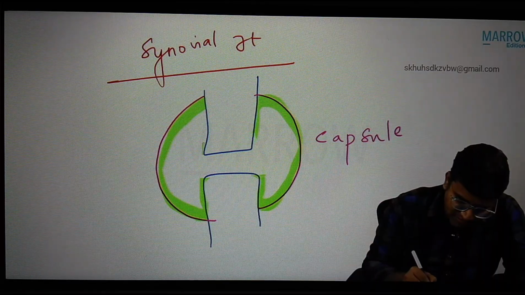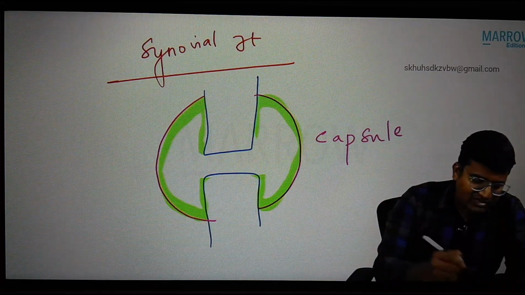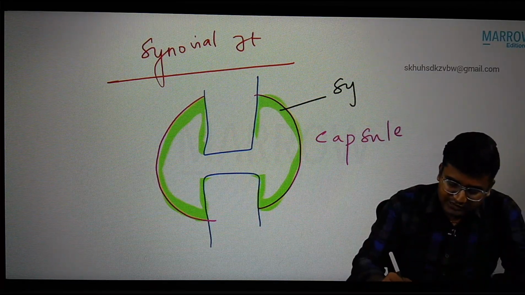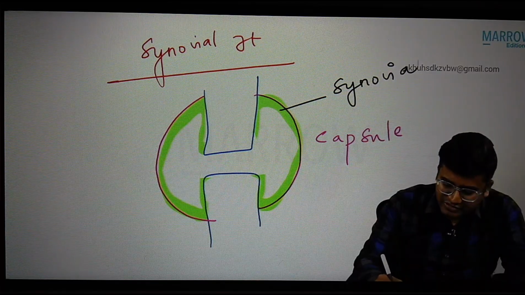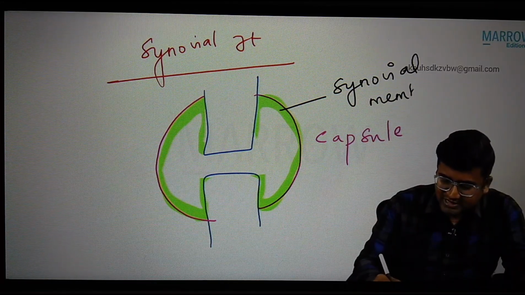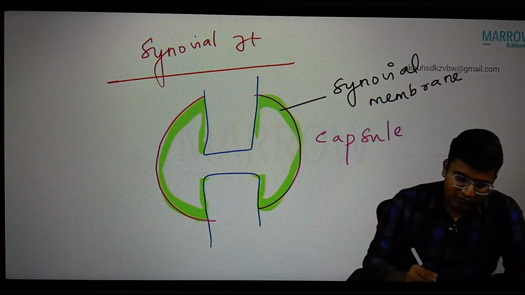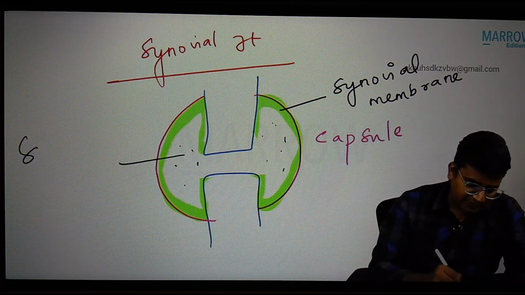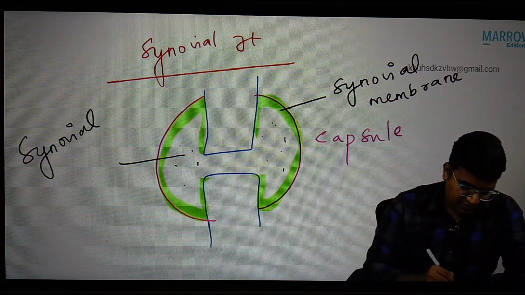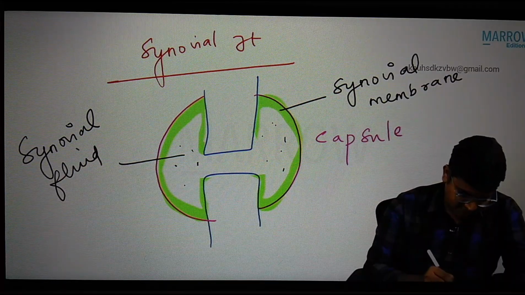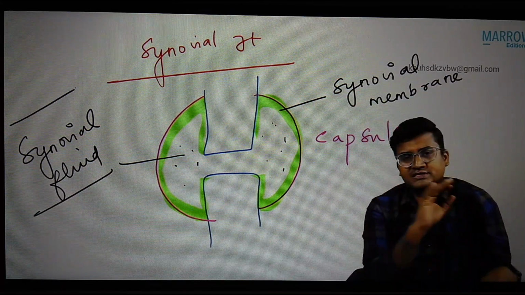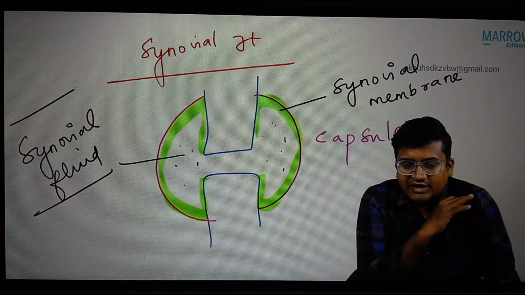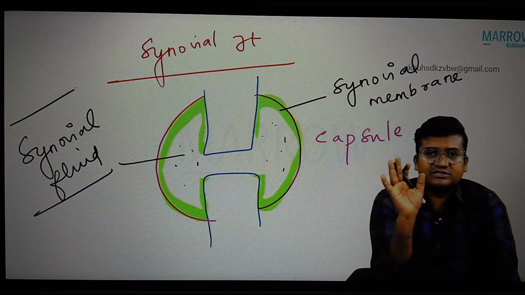Now what will the synovial membrane do? The synovial membrane secretes synovial fluid. This is the basic of all synovial joints. In the exams, you never get any question about this.